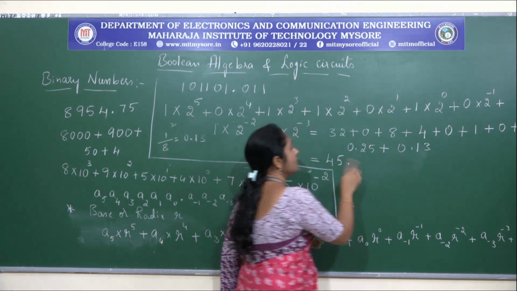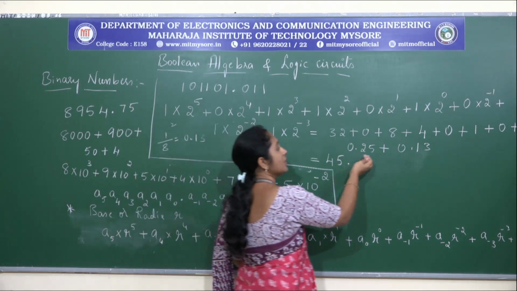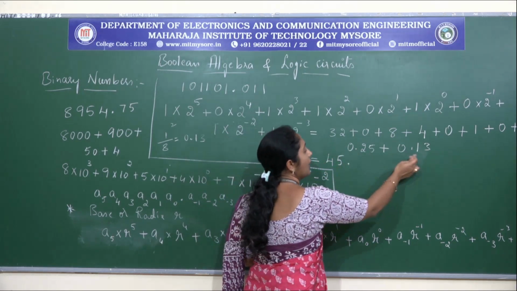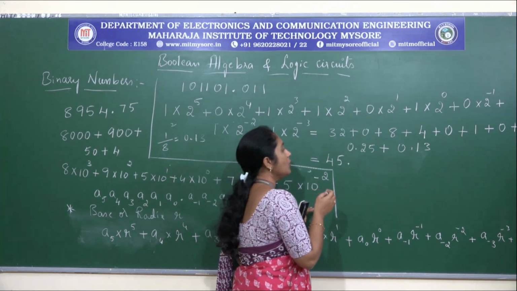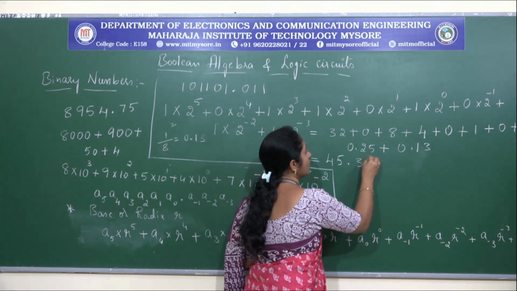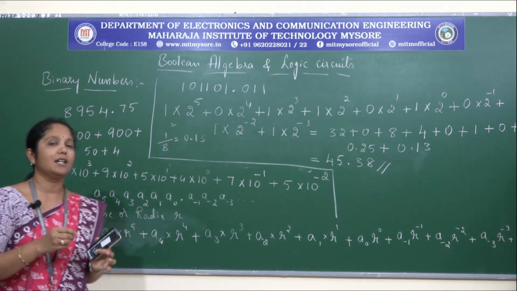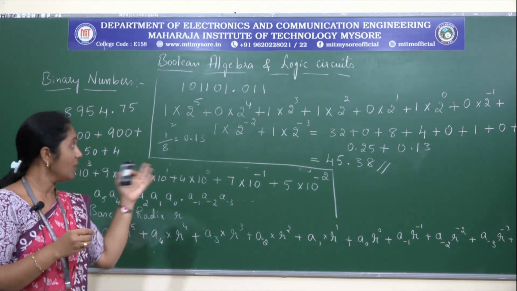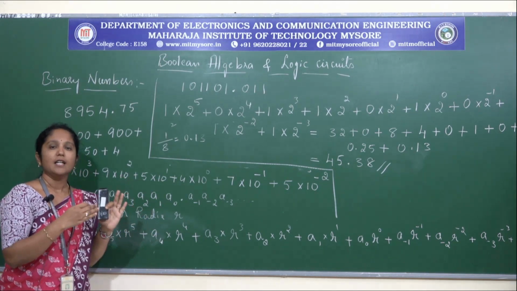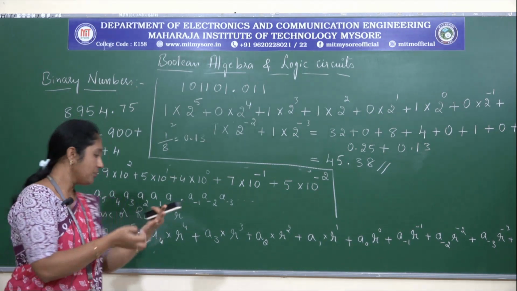Because we have fewer numbers here, I am doing the addition from this side. We need to add the fractional values first. If we get a carry, we need to consider that also. Here we have 0.25 and here we have 0.13. So 0.25 plus 0.13 gives 0.38. So 45.38 is the decimal equivalent of the binary sequence I have considered. So this is about the binary number. Now let us see the representation of numbers in all the 4 number systems.